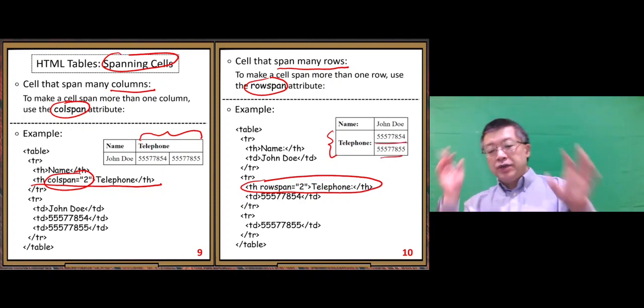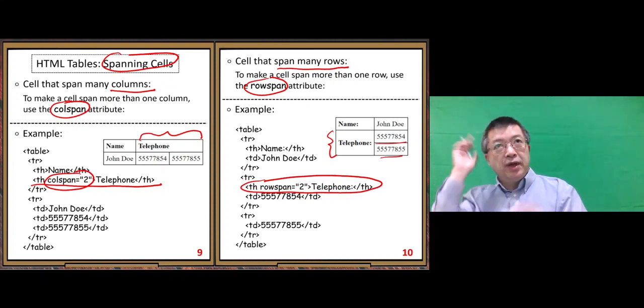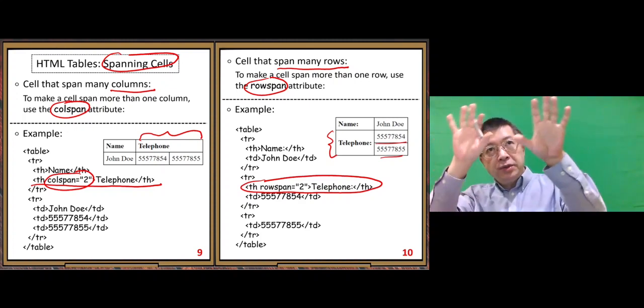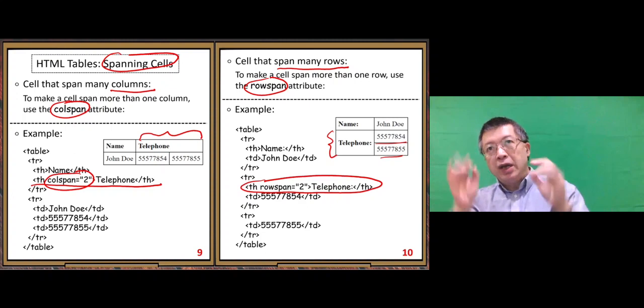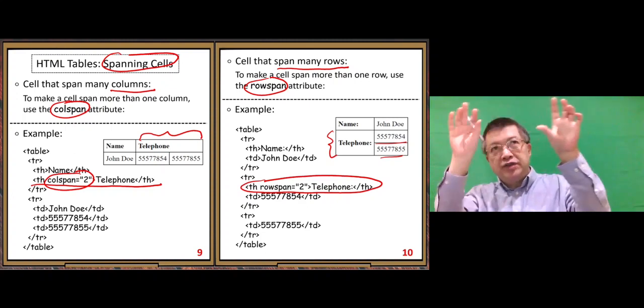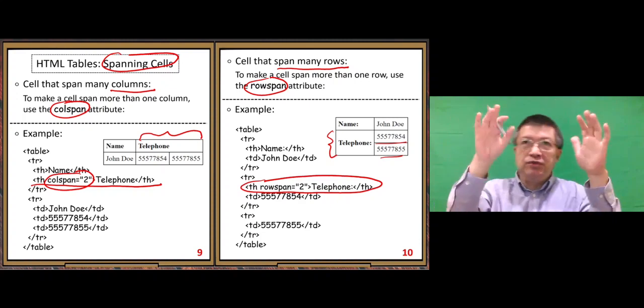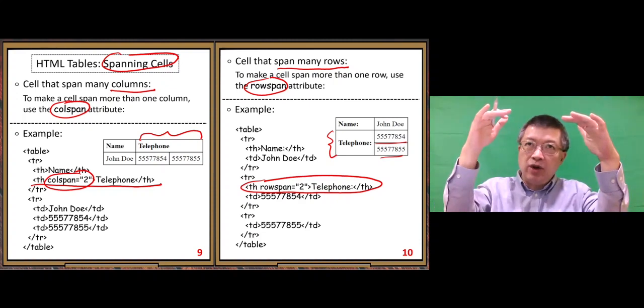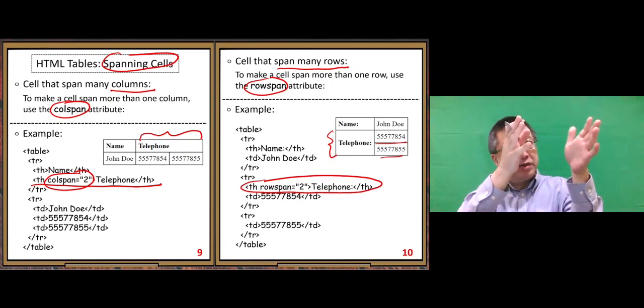So here, when you use these 2 spanning ways, you need to try to imagine the logic. First, when you start, you assume a certain number of rows, a certain number of columns.